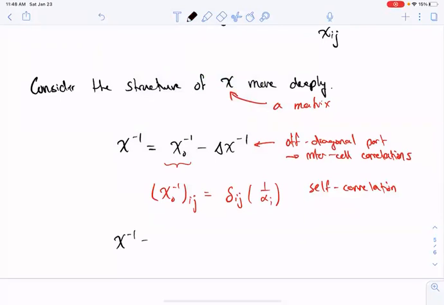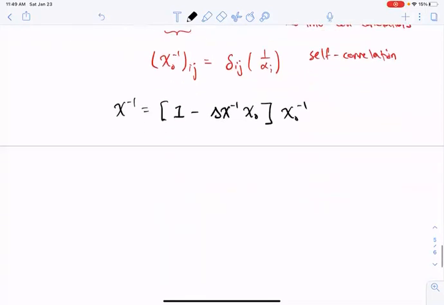We could simply write chi inverse by factoring out chi naught inverse. So we have a unit matrix less delta chi inverse times chi naught, which as a diagonal matrix inverts trivially, times chi naught inverse. And now we can take the inverse of chi inverse, getting chi.